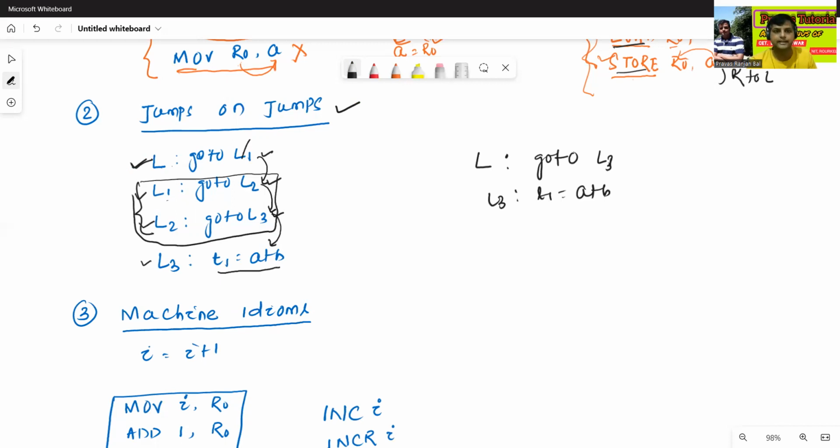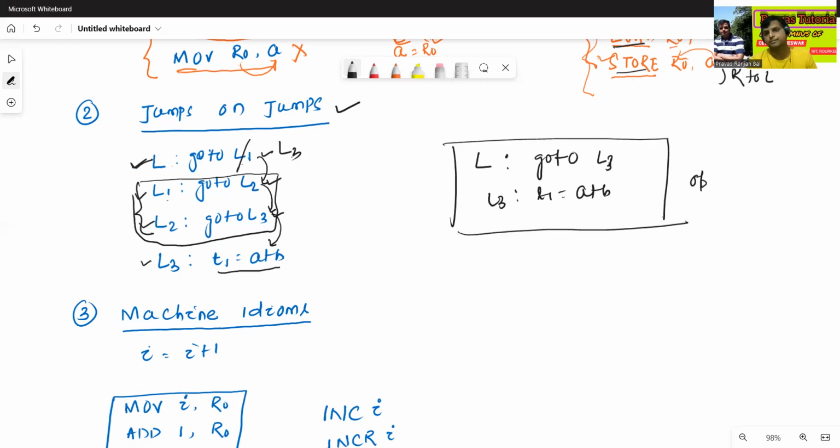We can directly assign L3 instead of L1. This is called jumps on jumps. So this is my optimized code.